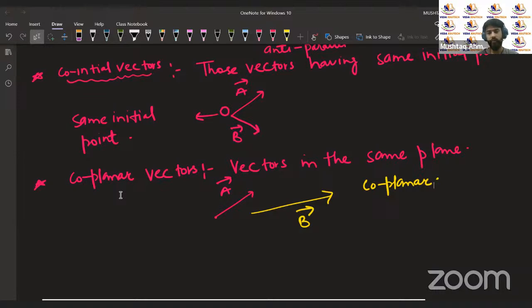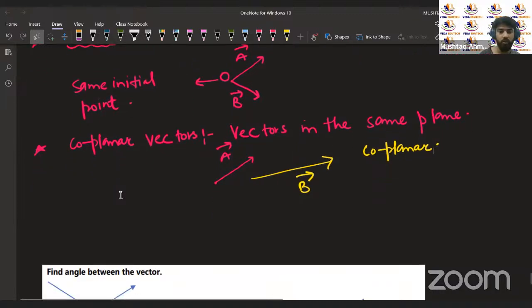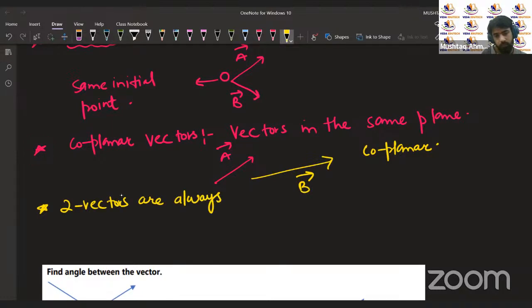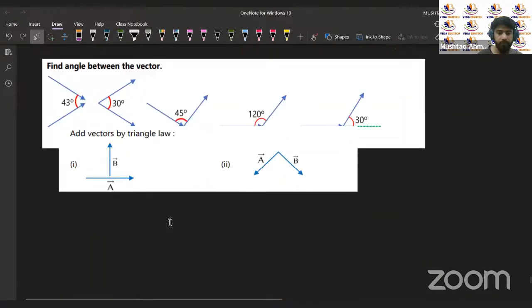But at least two vectors are always coplanar.